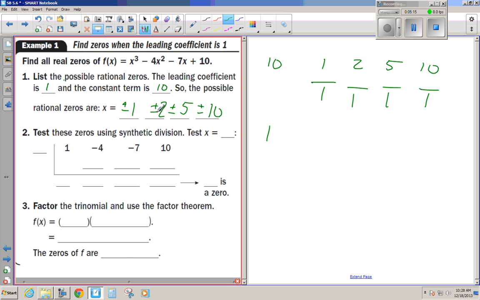And what we're going to do is we're going to test, make a guess as to which one of these numbers works. And we're going to do it using synthetic division. All right, so I'm going to attempt, and I'm going to say, let's test the number 2. And just to let you know, I'm pretty sure 2 is not one of them. So you don't have to do this part, but watch the video and listen.